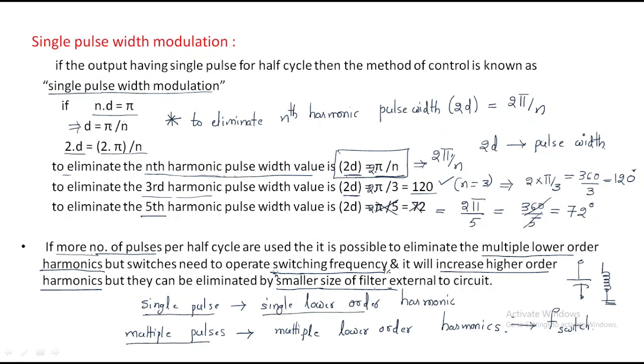With multiple pulses, multiple lower order harmonics can be removed, but the switching frequency increases. Whenever the switching frequency increases, automatically the higher order harmonics will increase. Then these are eliminated by the filter circuit. Small filters we can use. Understand?